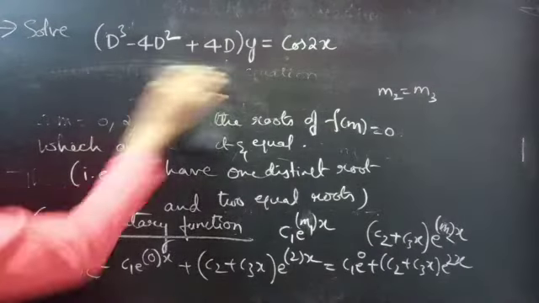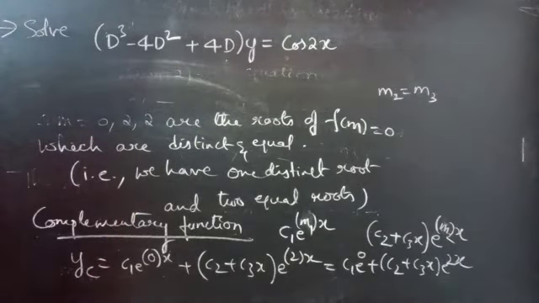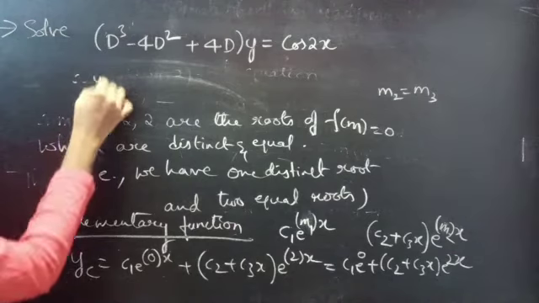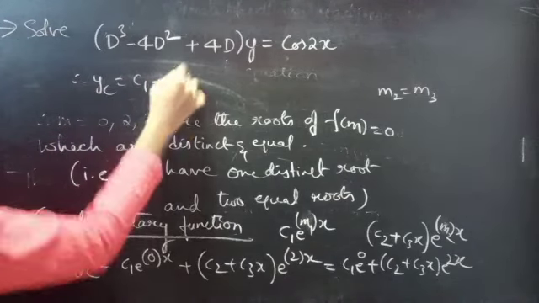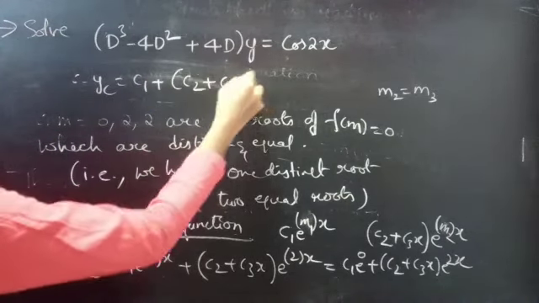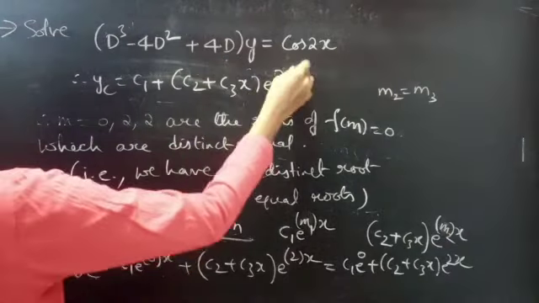Therefore, y equals c1 plus (c2 plus c3 x) into e power 2x.